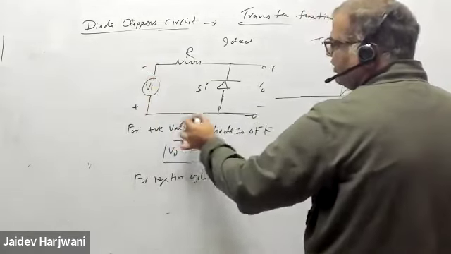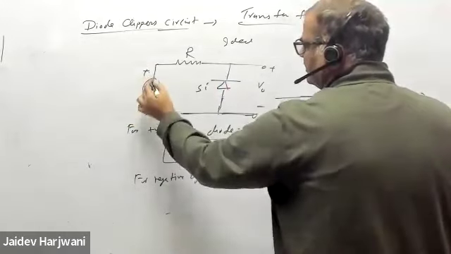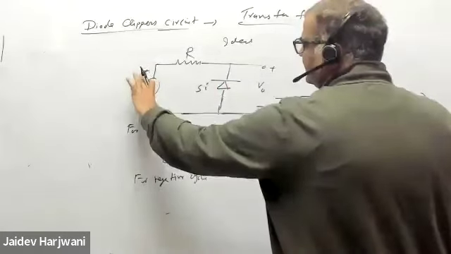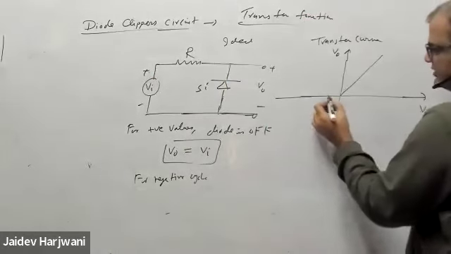This diode will only conduct when you go beyond this 0.7. Up to 0.7 it is off here also.